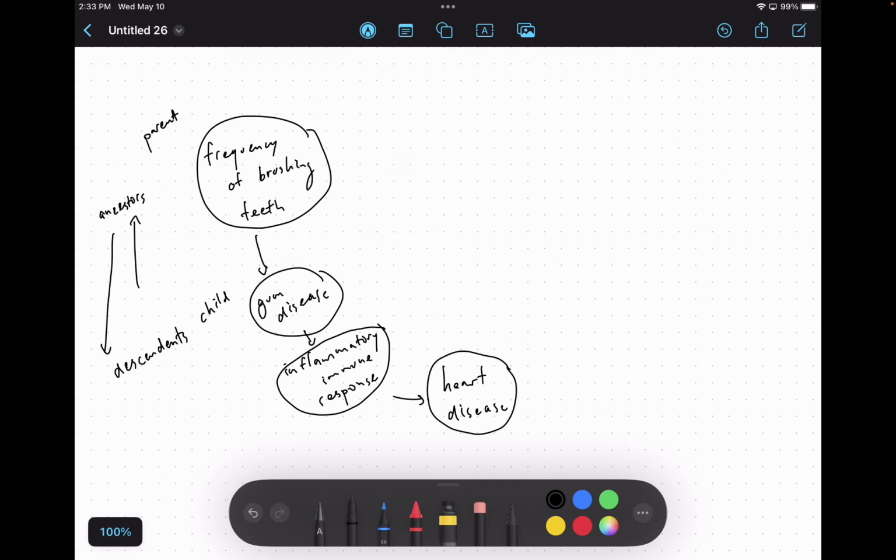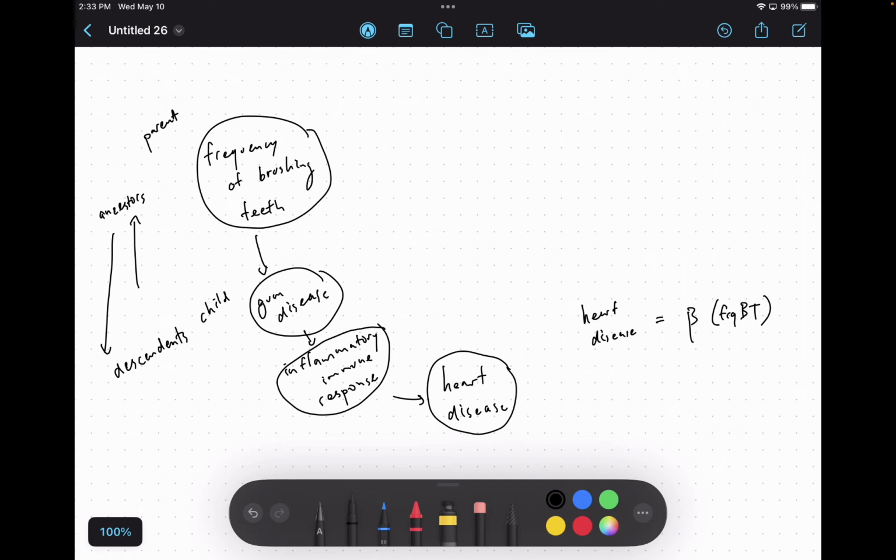And so in a regression setting, I might say heart disease is equal to beta times frequency of brushing teeth.